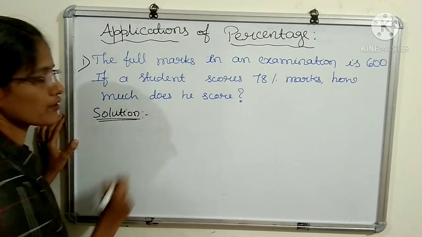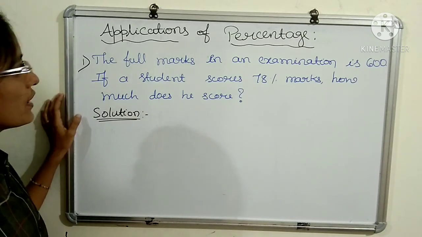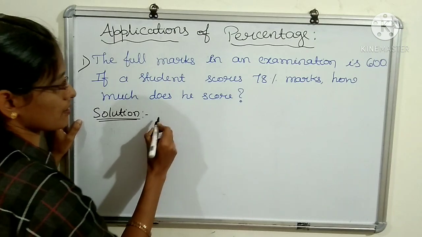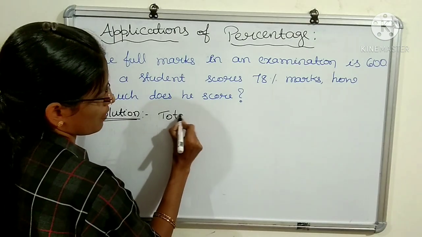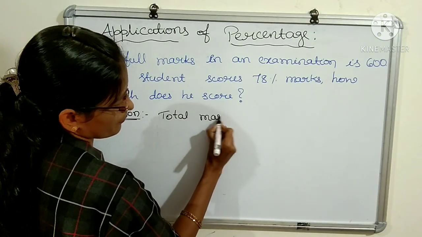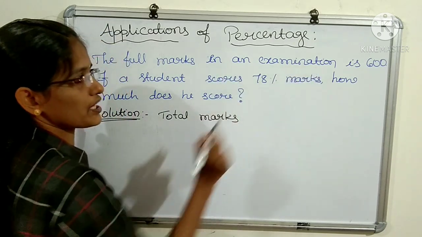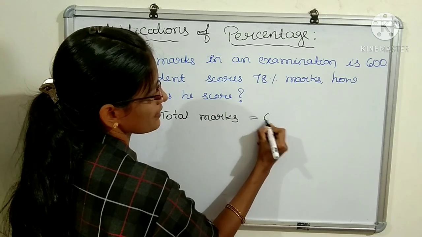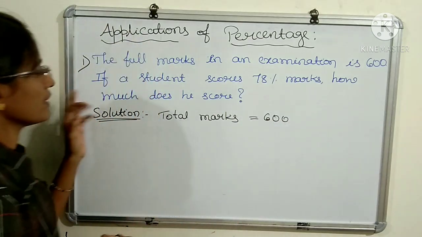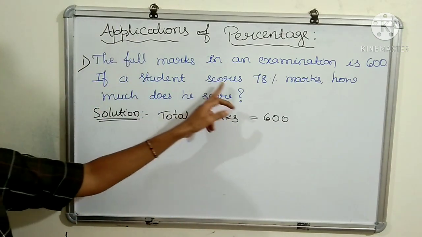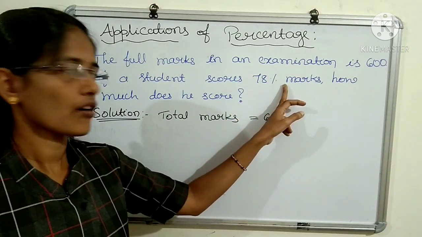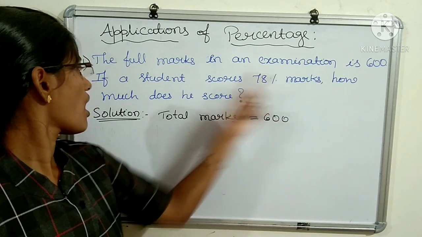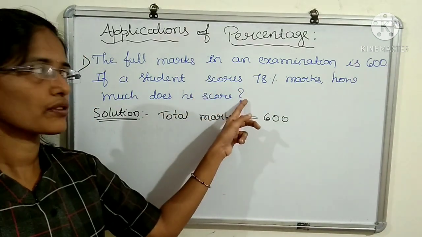It is very important for you students, so listen carefully. The total marks. Full marks means what? Total marks in an examination. Total marks equals 600. In that, if a student scores 78% out of 600, how much does he score?